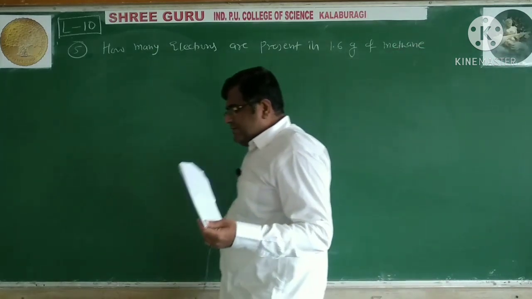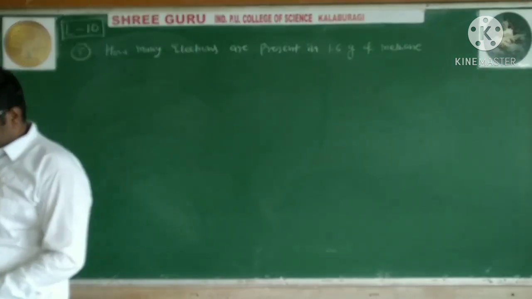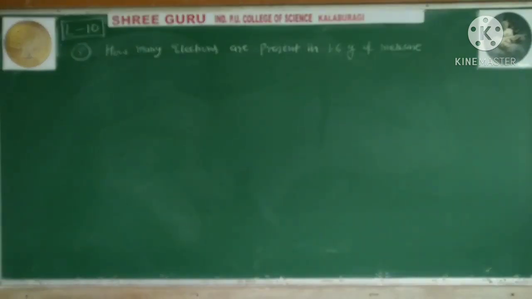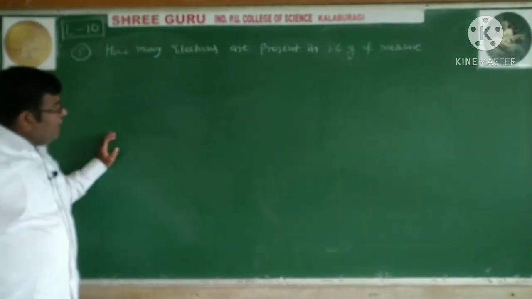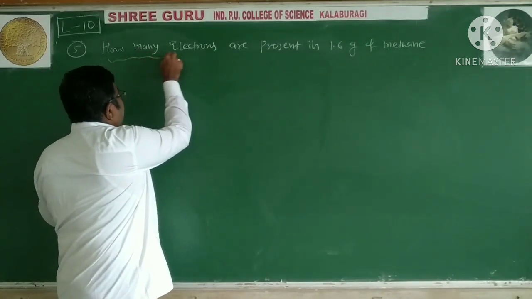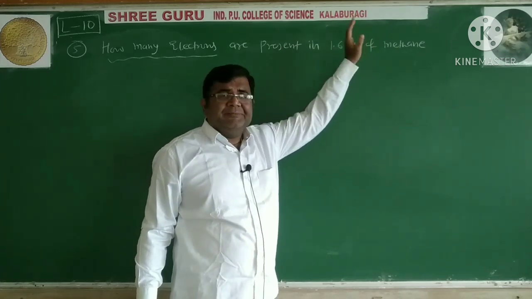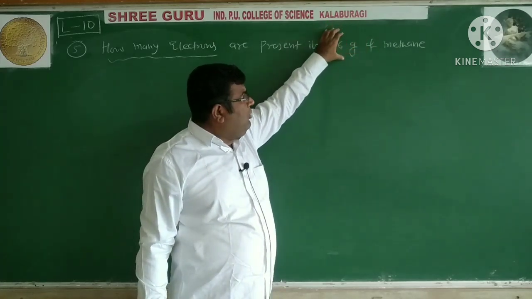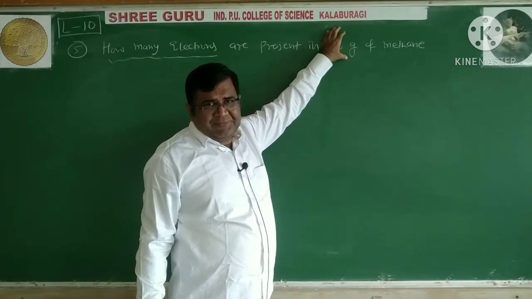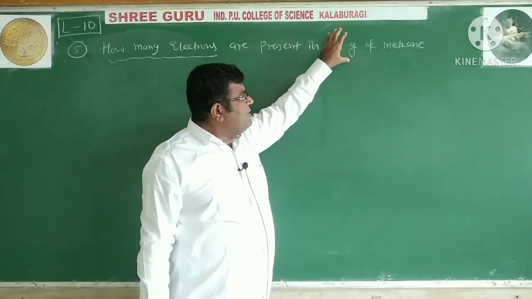We know that methane is the simplest hydrocarbon, alkane, it is CH4. So to calculate how many electrons are present in 1.6 gram of methane, we should know how many molecules are present in 1.6 gram of methane.